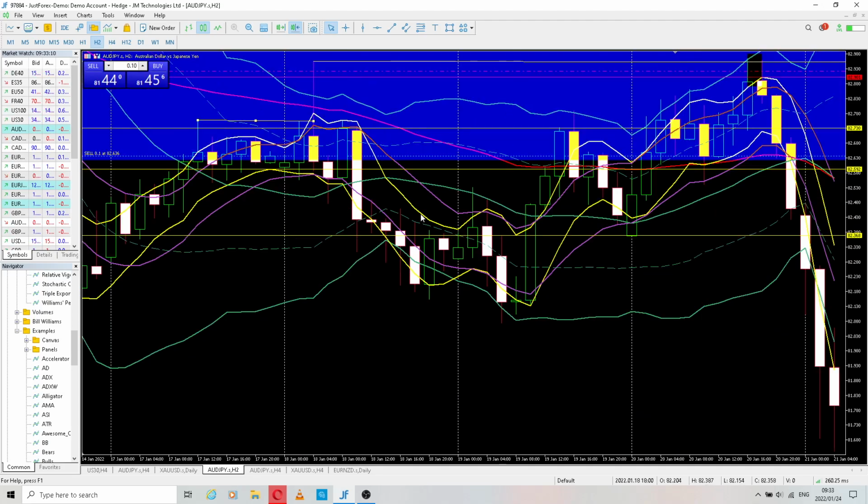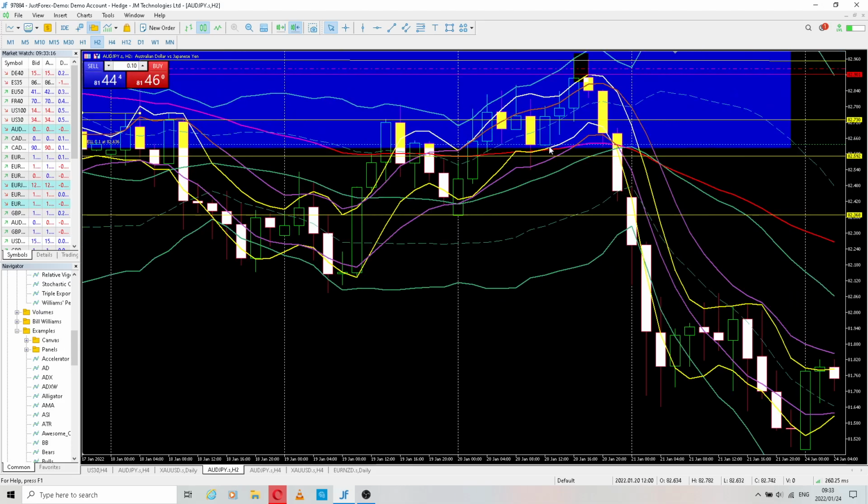Then let's go and check another one. So the market created another one here, guys. As you can see, that was another top there. So that top was taken out by this one, and this one there was taken out by this one here.